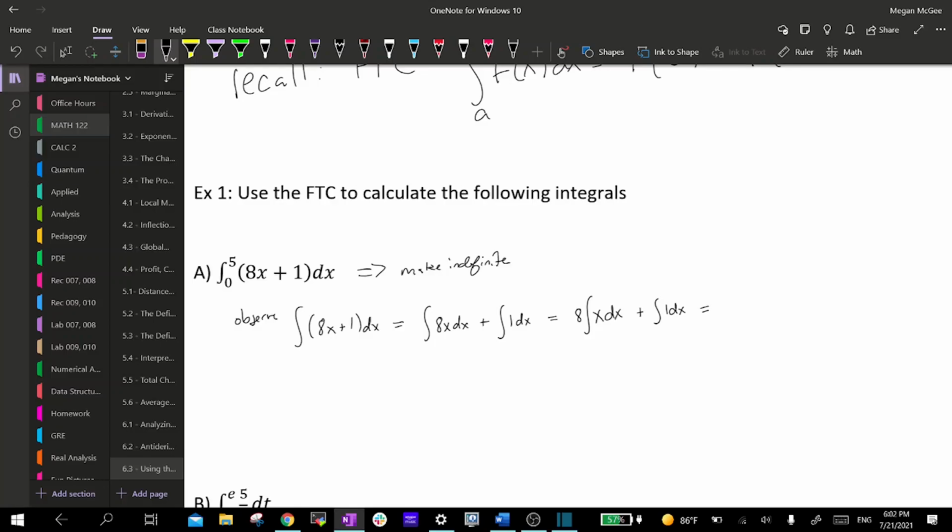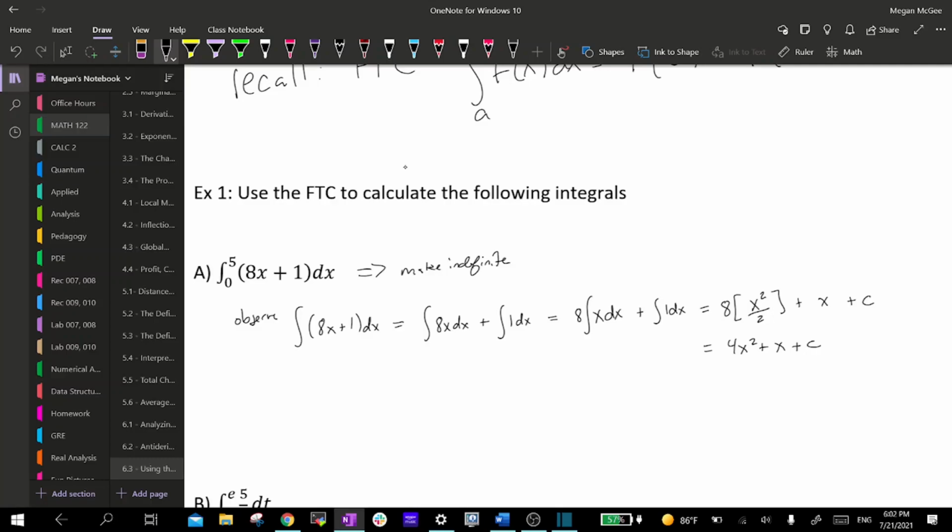Then we'll use the power rule for our first integral, so we have 8 times x squared over 2 plus, and our constant rule says that this is 1 times our variable, so 1 times x, which is x. And then we're going to need our plus c. So this ends up being 4x squared plus x plus c. This is our general antiderivative.